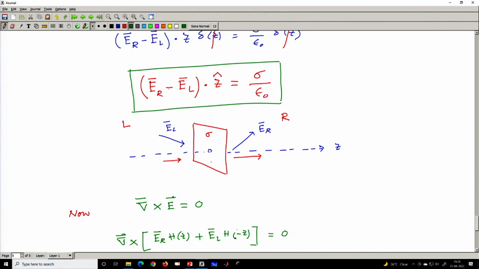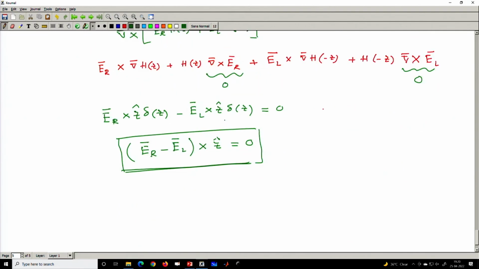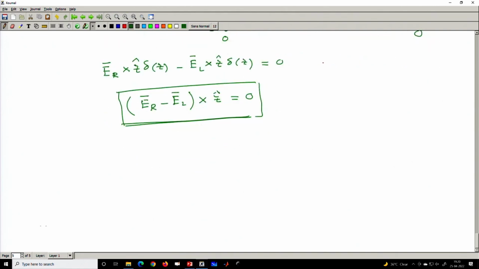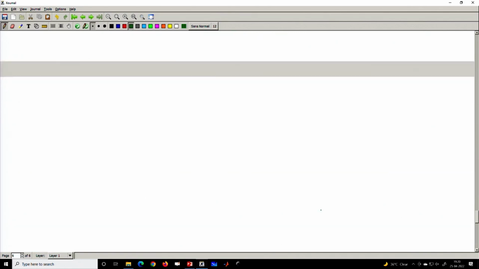So, that is nothing but this parallel component, and this parallel component is always conserved. Now, after having this information, we can do a few more things, and one of them is to find out the surface charge and the force on the conductor.